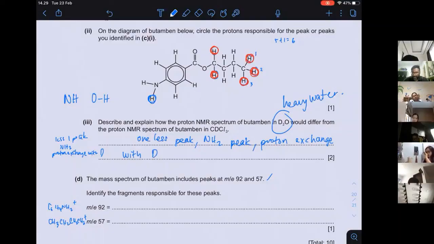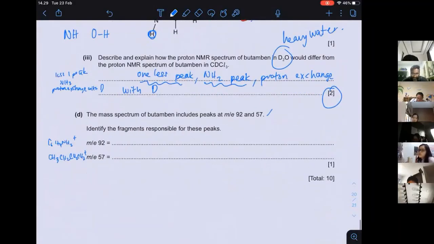Do remember this is 2 marks. If you don't say rapid proton exchange, it doesn't matter. You say one less peak, and that it belongs to the NH2 peak, which is good enough to give you the 2 marks.